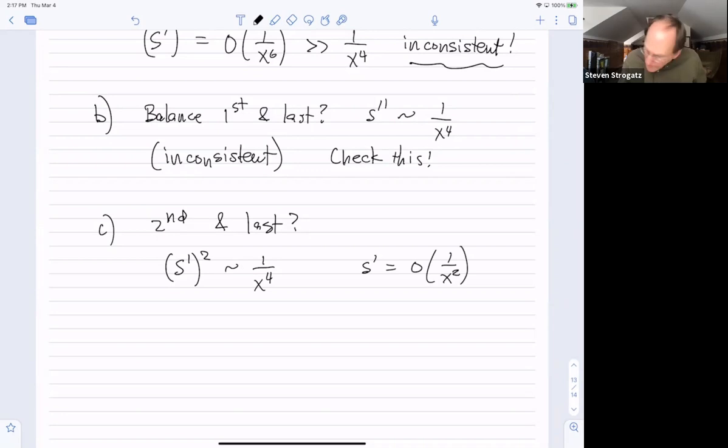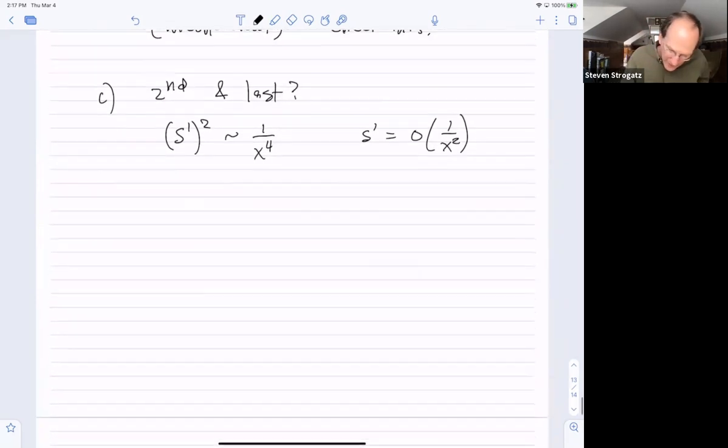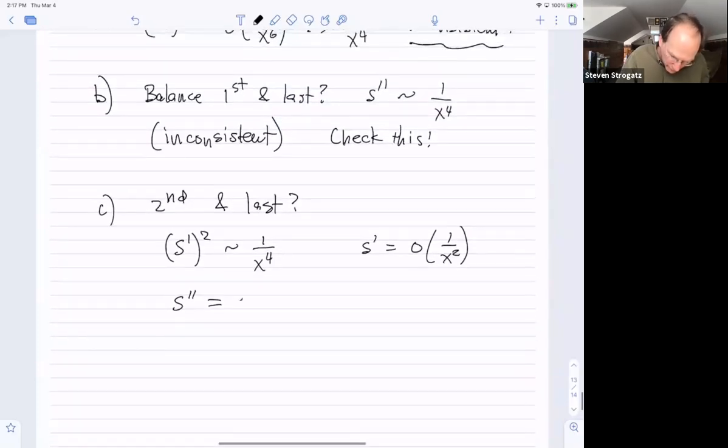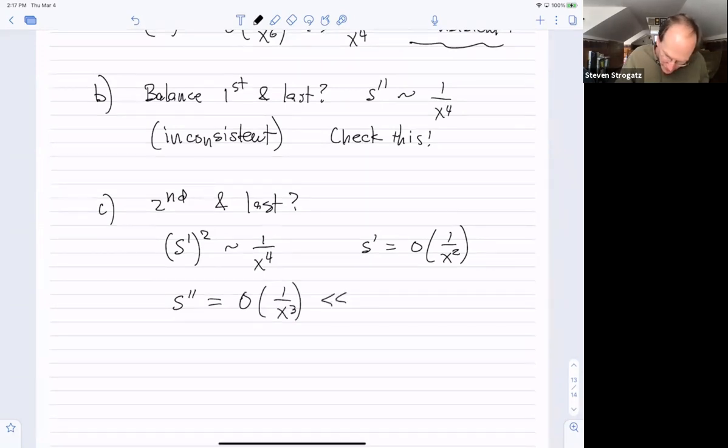Well, what about that? So if I then compare the other terms, one of those terms was s double prime. That would then be of order 1 over x cubed, which is looking good because that is much less than 1 over x to the 4th.